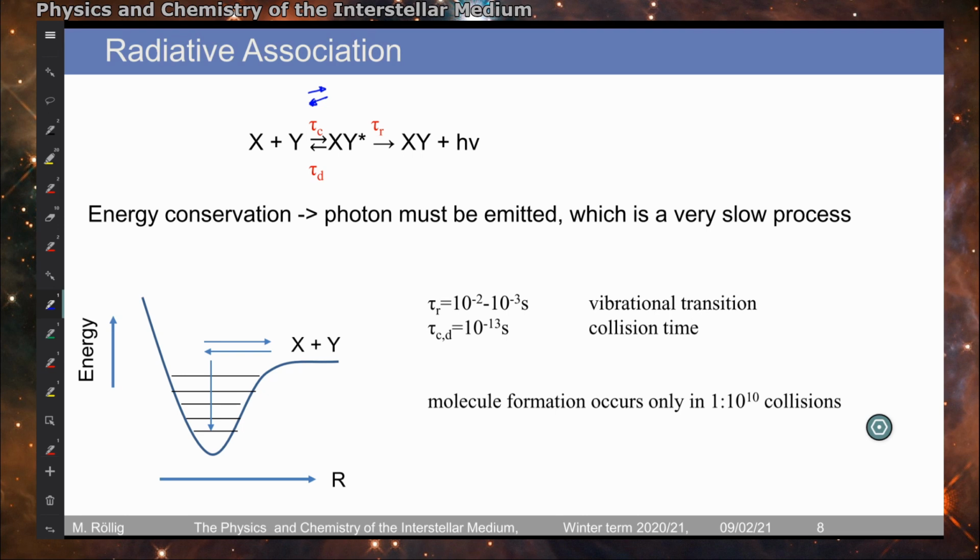We have a collision between X and Y forming an excited complex, XY star, that is energetically still on the same level as the sum of the two reactants X and Y. And to actually form a stable molecule, it has to get rid of the surplus energy via radiation. So this is the tau R, the radiative time scale involved, such that we can have a stable XY molecule plus an emitted photon.